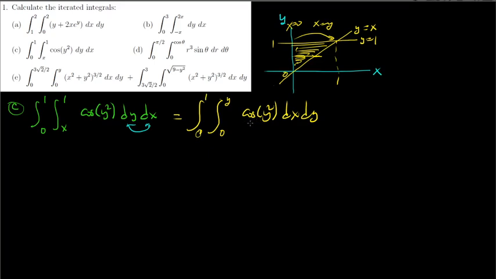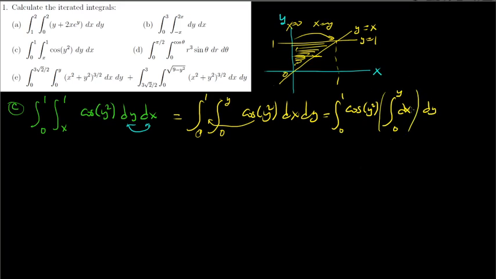So the cosine of y squared is a constant. That can come outside. So we're doing the integral from 0 to 1 of cosine y squared, and then the integral from 0 to y of just dx, and then dy, right?